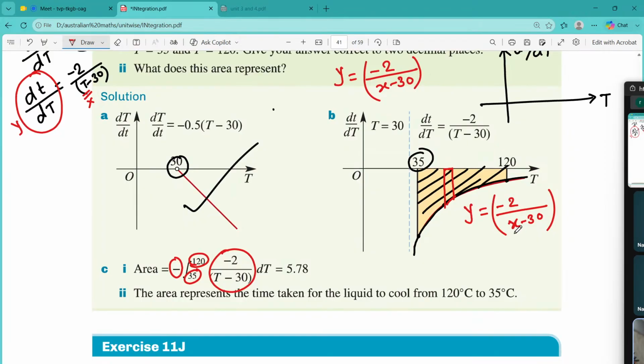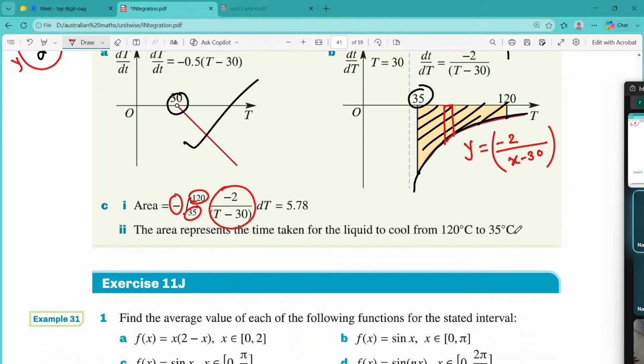Just explain it, and then you will write in your own style. No one can stop you. So you will write that I should take the mod of the integral from 35 to 120 of f of x.